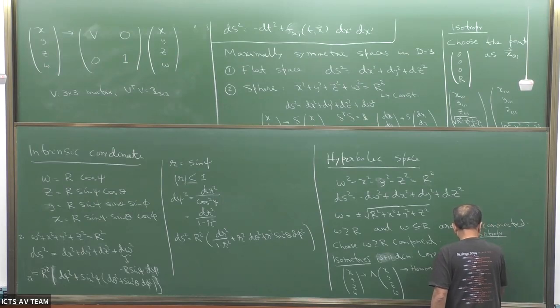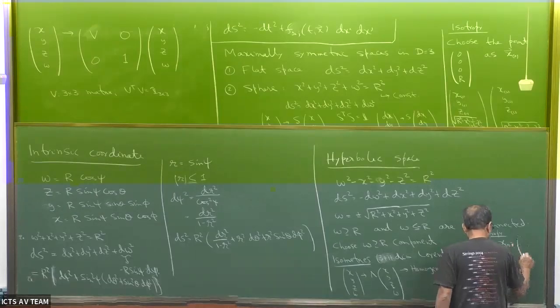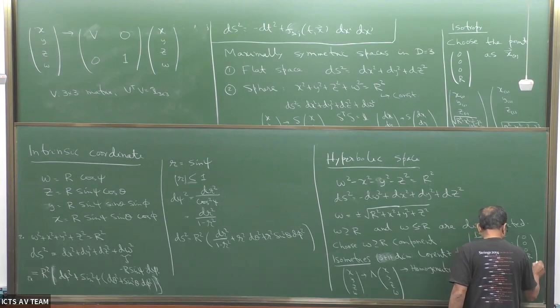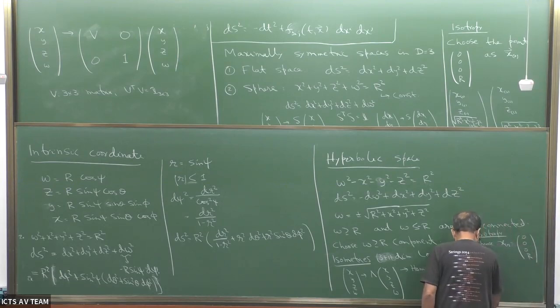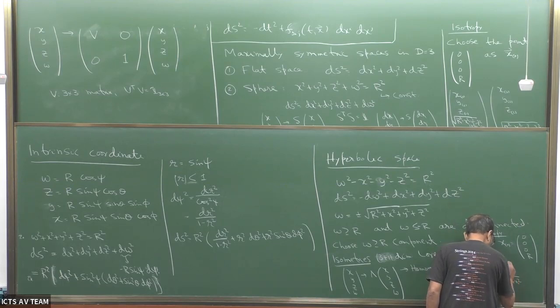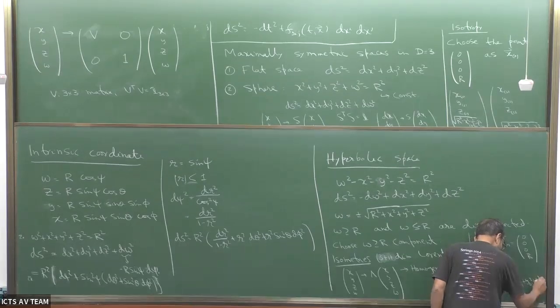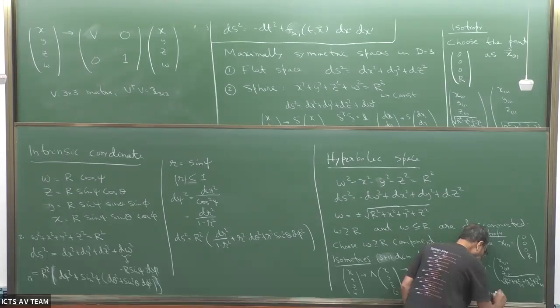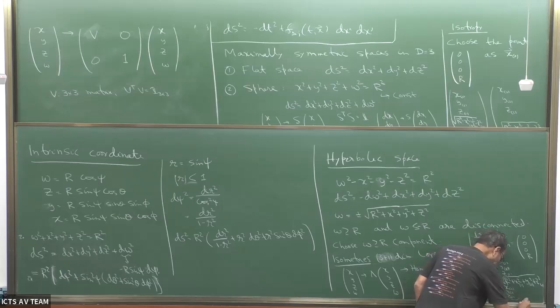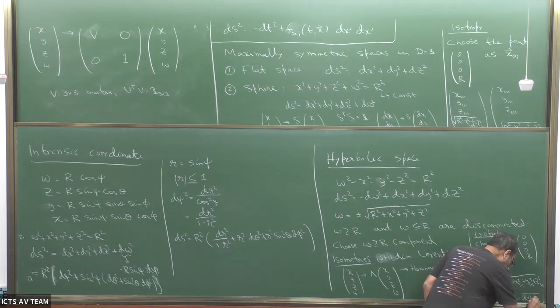We choose x naught to be 0, 0, 0, R. And then x1 and x2. x2 is x2, y2, z2, and then the last one is the square root of R square plus x2 square plus y2 square plus z2 square.